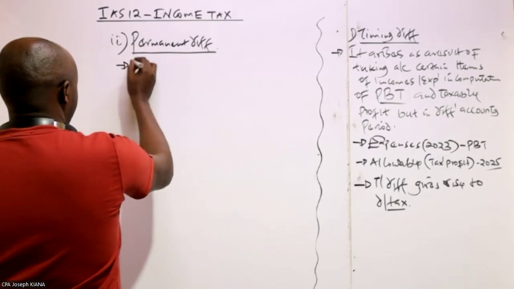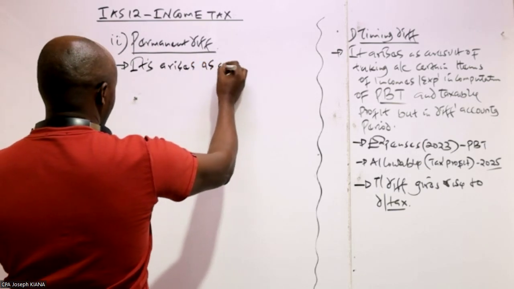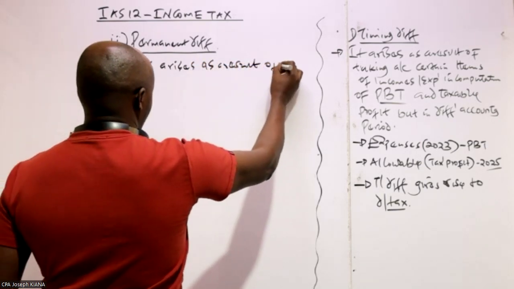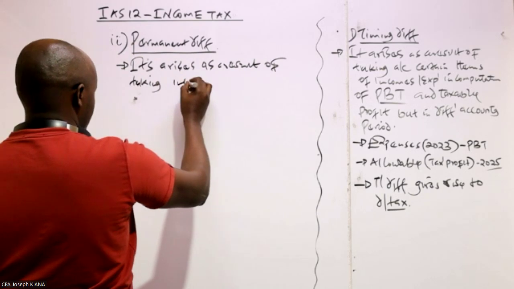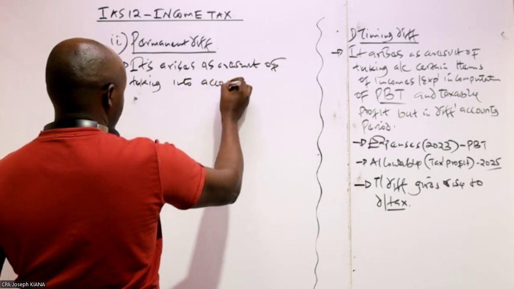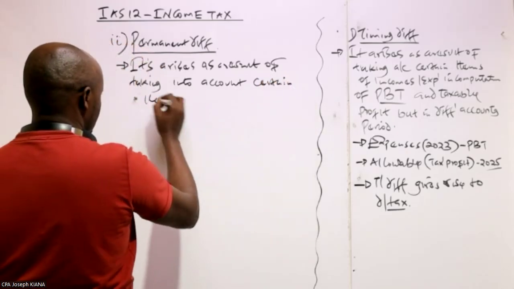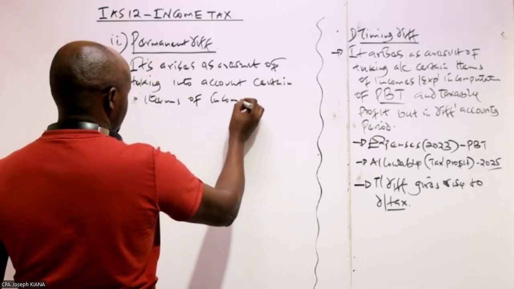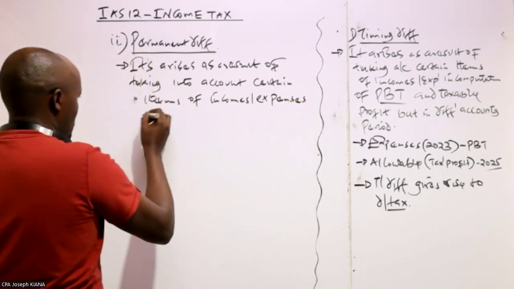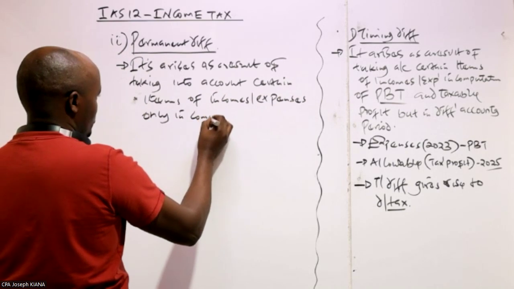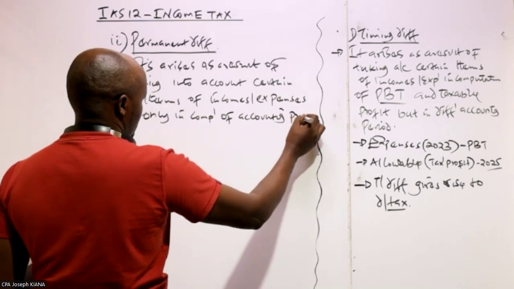So therefore, you can say it arises as a result of taking into account certain items of incomes/expenses only in computation of accounting profit.